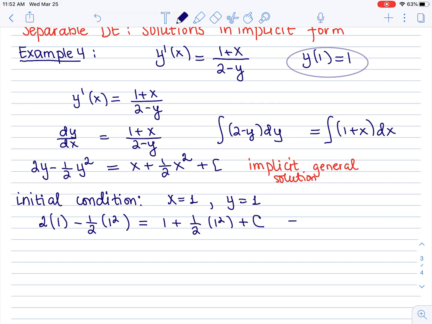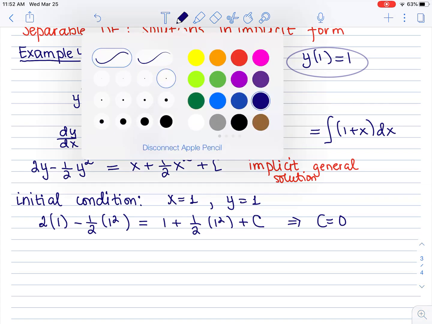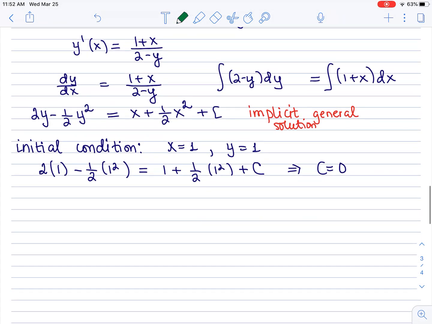And if you solve this simple equation, you get that this constant is 0. So our particular solution looks like 2y minus 1/2 y squared is equal to x plus 1/2 x squared. And it might seem like we're done, but not quite yet.